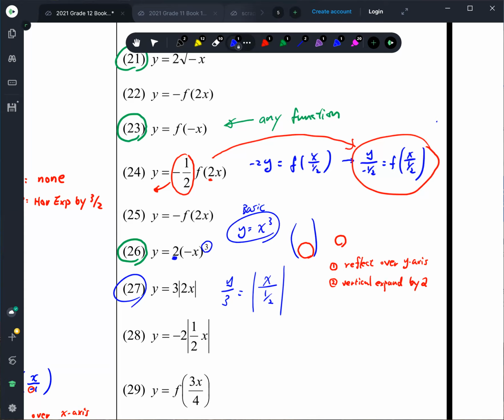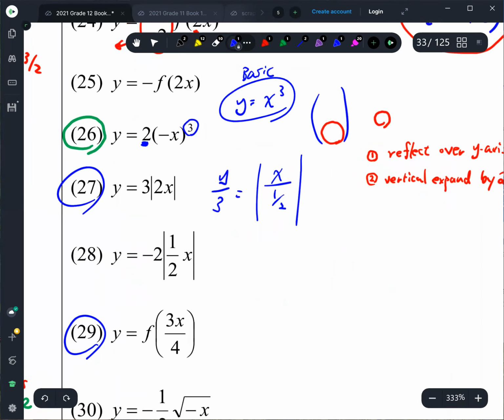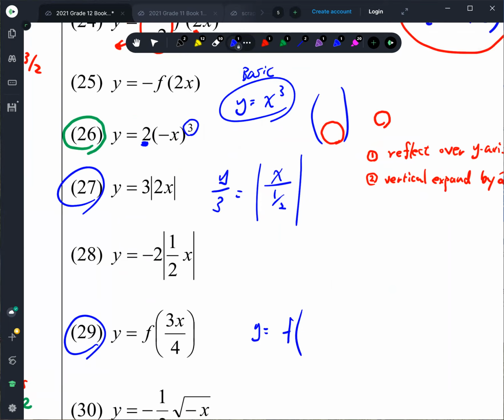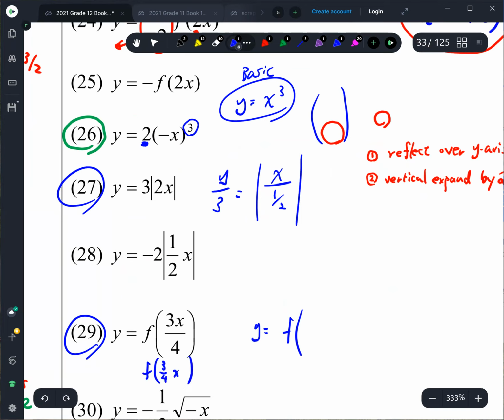Okay, 29. Y is equal to f of 4 and 1/3 over x. No, no. Okay, the 3x over 4, you can think of it as 3 over 4 x. They are the same. So we just flip it and get the reciprocal. So what do I write?